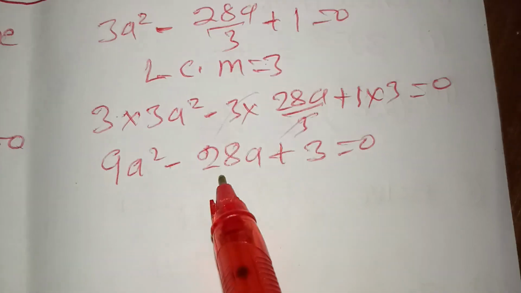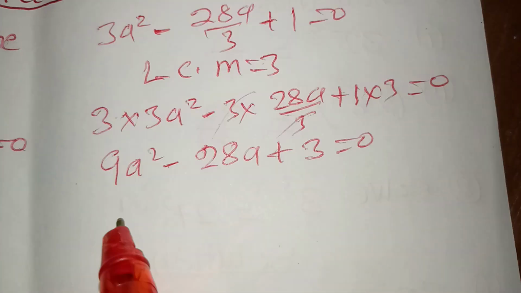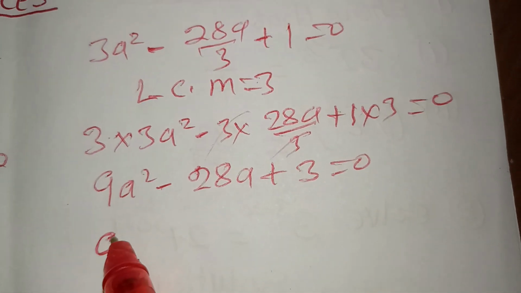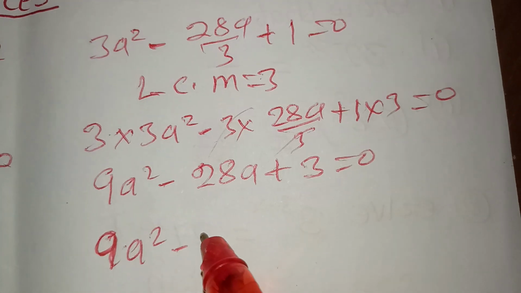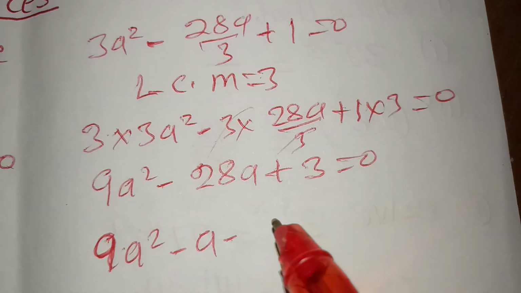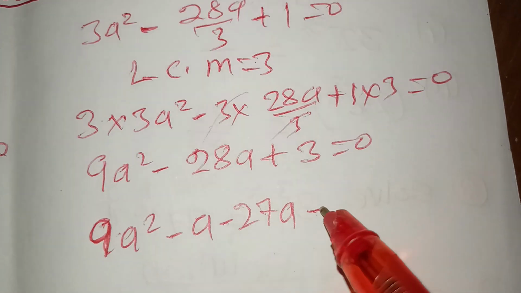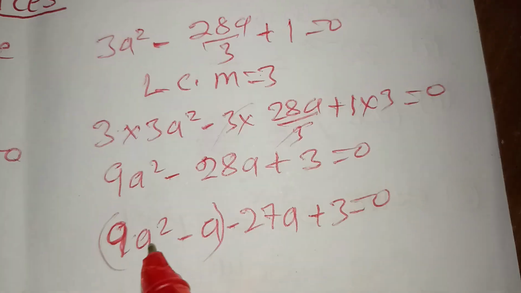So now this is also a quadratic equation. To factorize this, we are going to get 9a squared minus a minus 27a plus 3 equals 0.